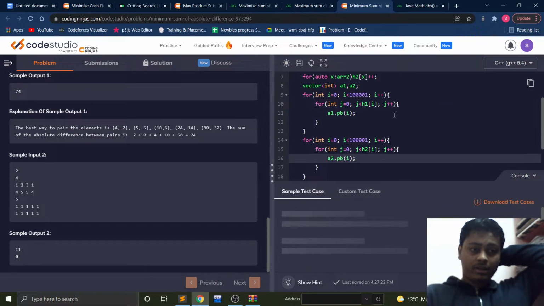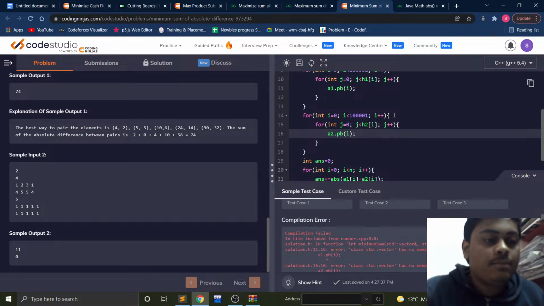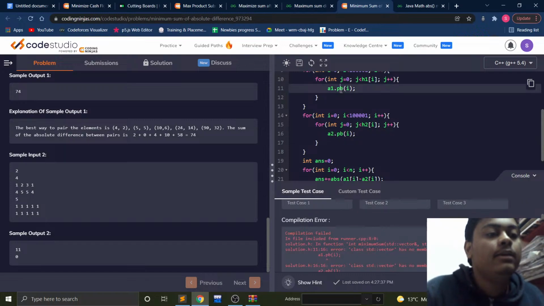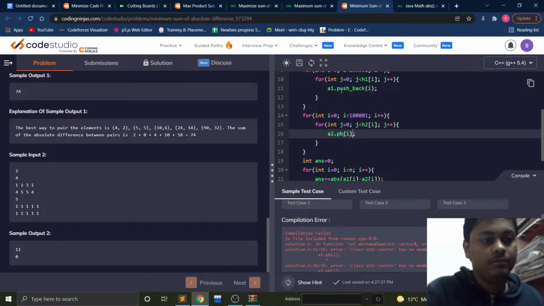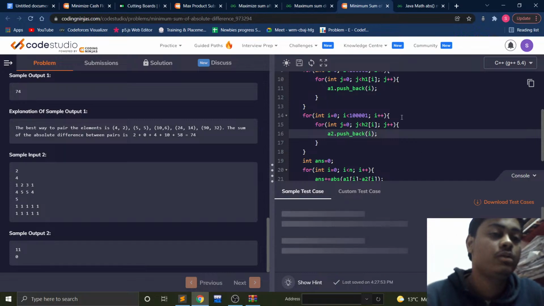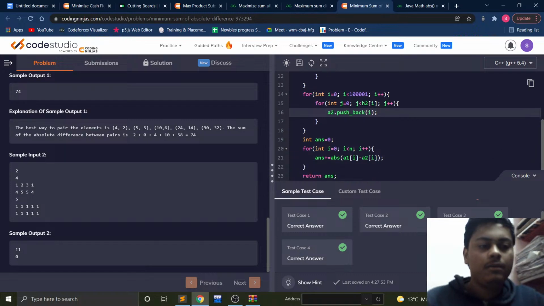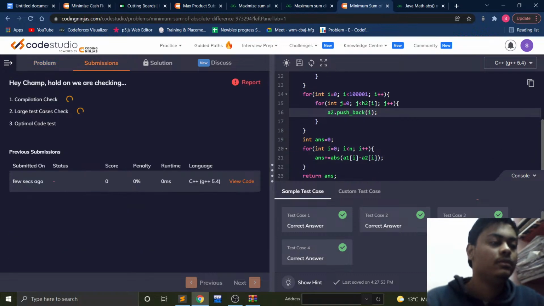Now I think I've sorted them. Very nice. My bad, pushback. I'm used to using small symbols. Yes, sorting is working fine. Let us submit.